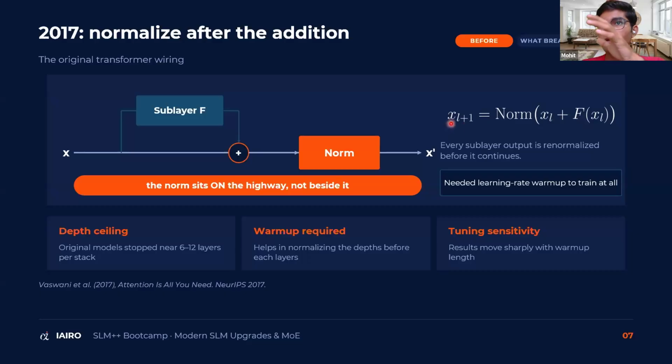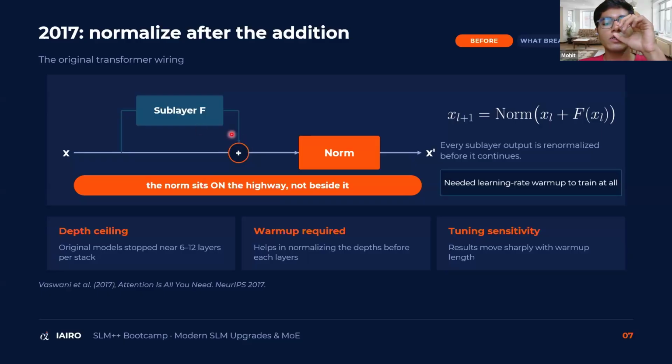So when we want the next embedding, we used to normalize and take the Jacobian normalization. Jacobian is just a fancy way of saying the derivative of each and every term, right? So we used to take the Jacobian normalization of both the embeddings, that is the norm and the sublayer.